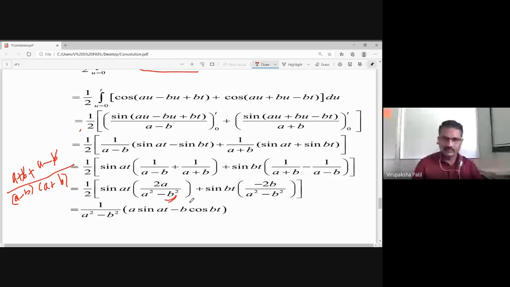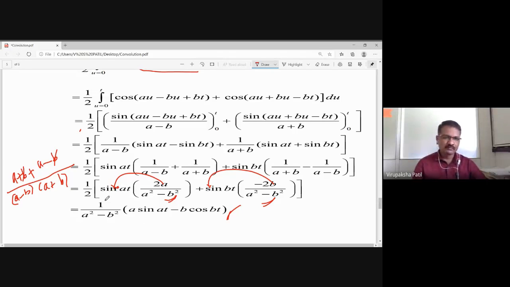From this term and from this term, we will take two common, and the twos get cancelled. So you are left with a divided by a square minus b square, and here minus b divided by a square minus b square. So again 1 divided by a square minus b square you can take outside. You can write it as a into sin bt minus b into cos bt. This is the required answer.